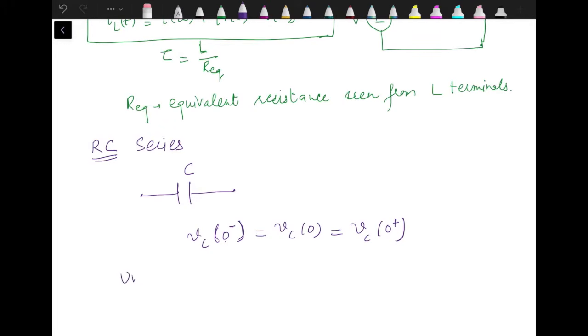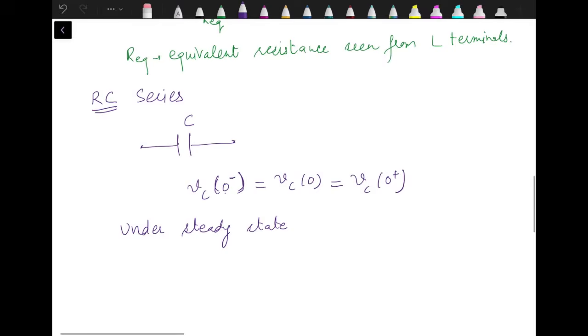And under steady state, the capacitor behaves as an open circuit, and we can calculate the voltage across the open circuit. Steady state again means t equal to infinity.